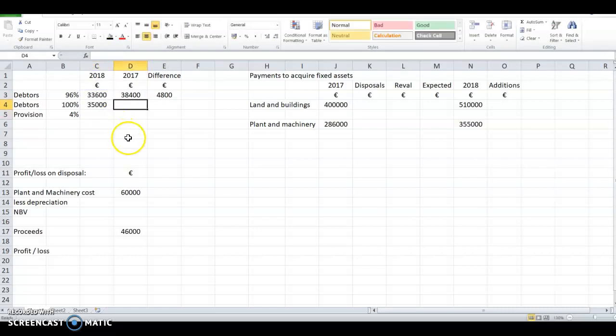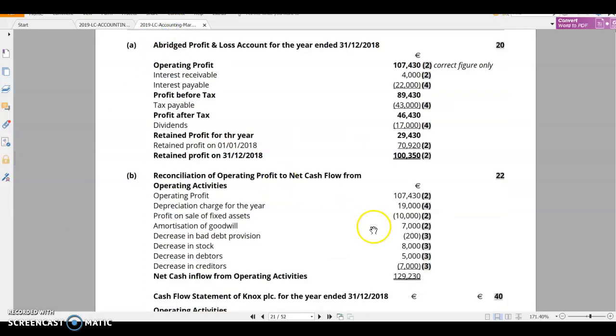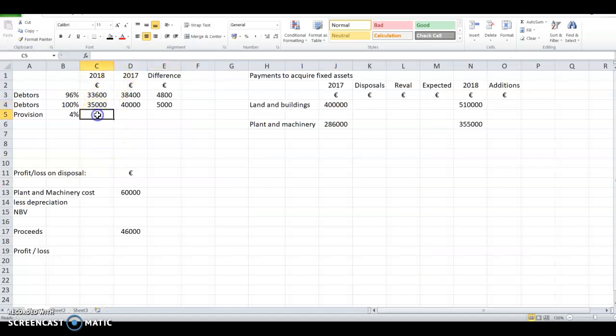So this year's would be 35 before that provision, and last year's would be 40,000 before the provision. So what's the difference between those two amounts? It's 5,000. So decrease in debtors, 5,000, and that's what you see in the solution. However, if you do it that way, you do then need to treat the provision separately.